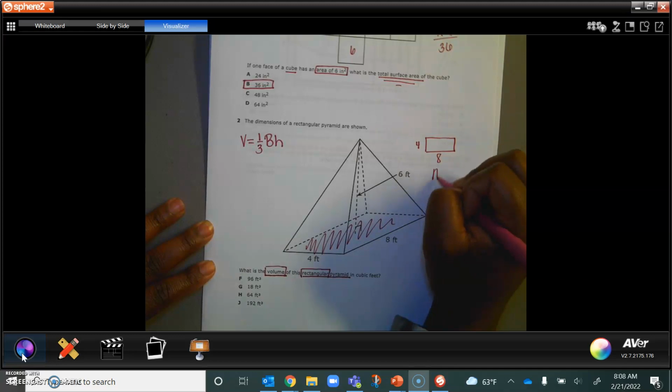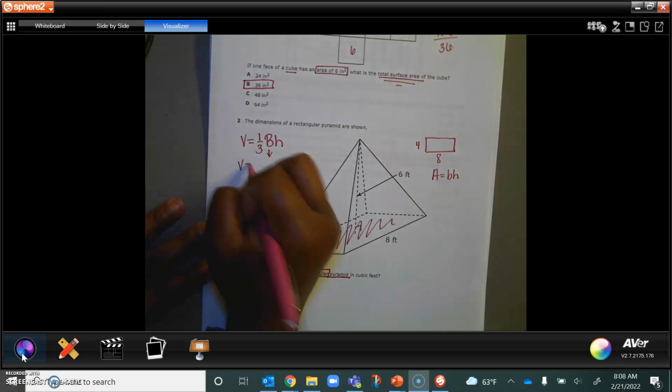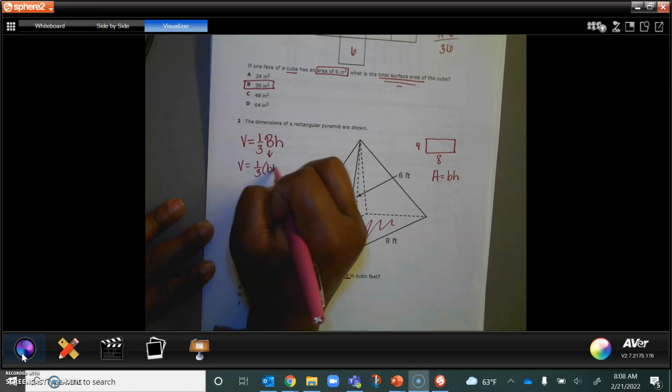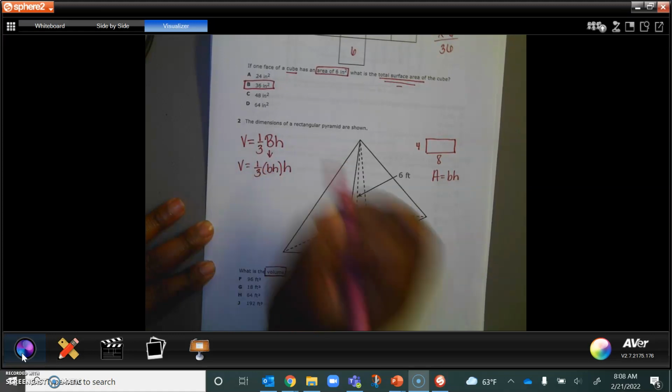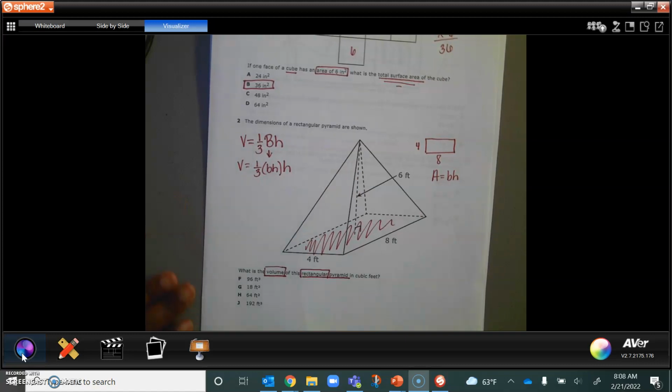I know the formula for area of a rectangle is base times height. So I'm going to break big B down before I substitute into my formula, which is base times height of the pyramid. Remember, those two heights are different.